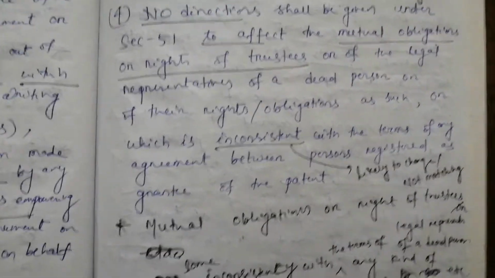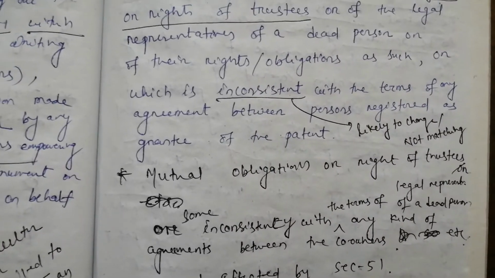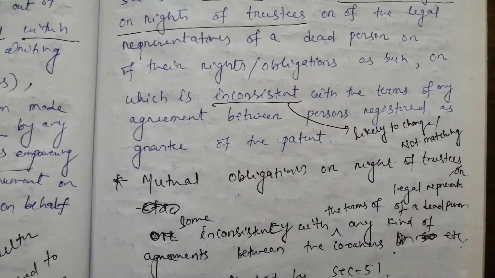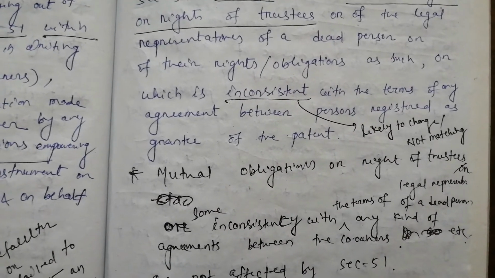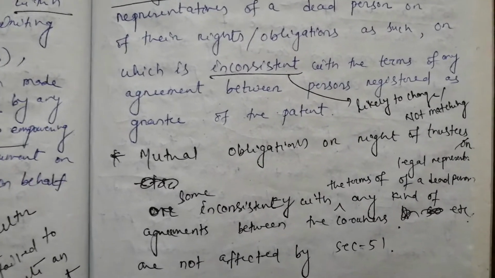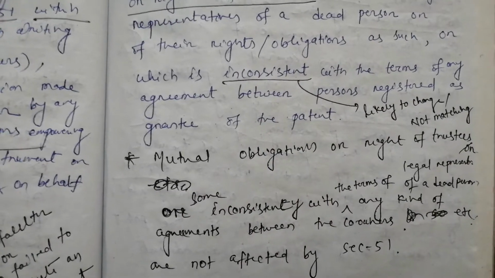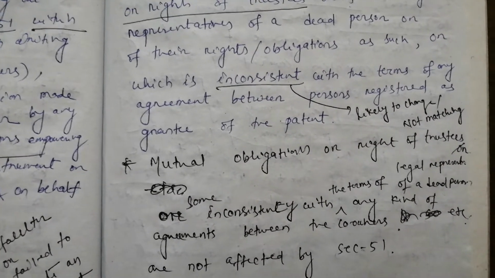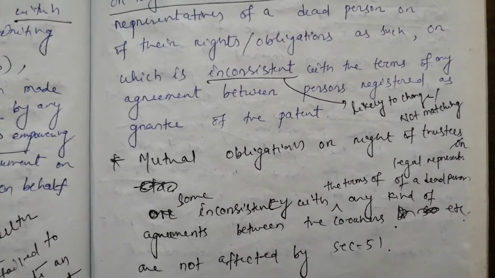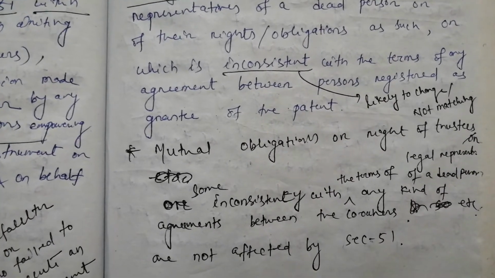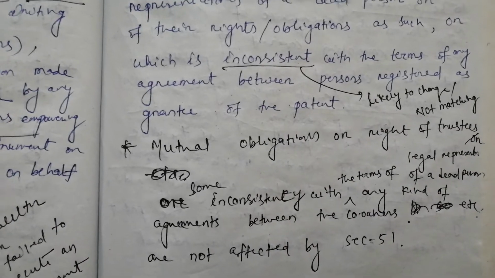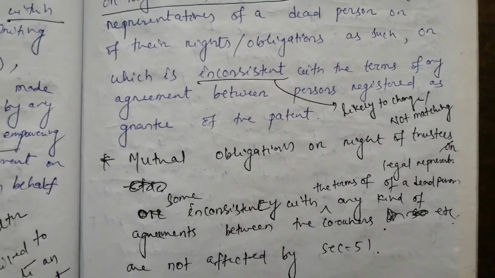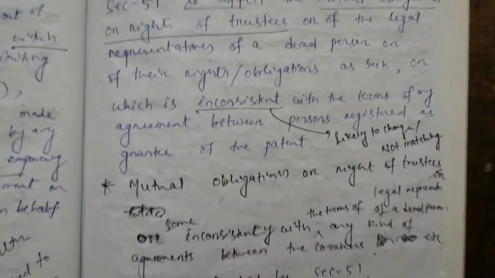In a simple way, I can say that the mutual obligations or rights of trustees or legal representatives of a dead person, or some inconsistency with the terms of any kind of agreements between the co-owners, these things are not affected by Section 51, or they are not bound to the directions given under Section 51.